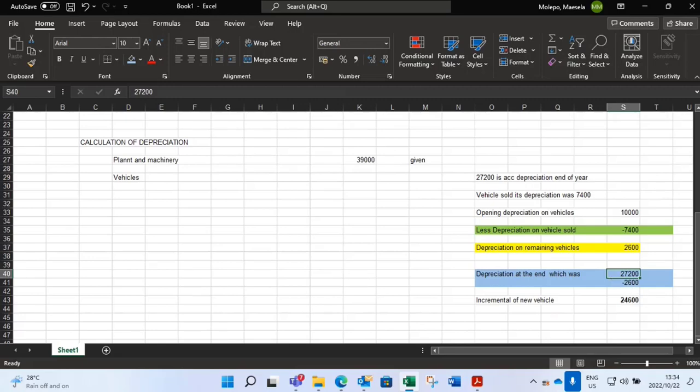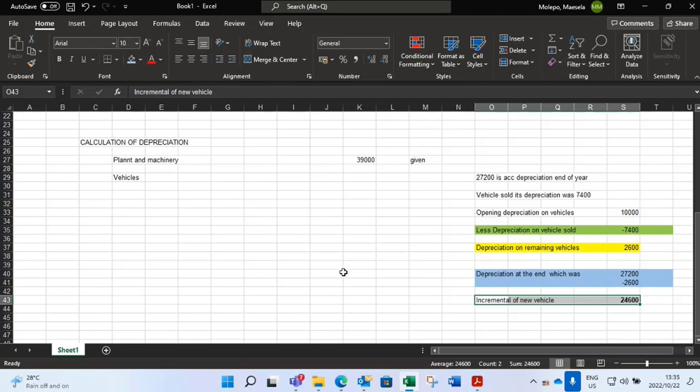Yeah, it was the 2.6 that you calculated that was already included in the closing balance of that 27,200. Yeah, I get you. So we can take it like the method of calculating the inventory, which makes sense then. That's the only logical explanation: closing inventory less opening inventory.